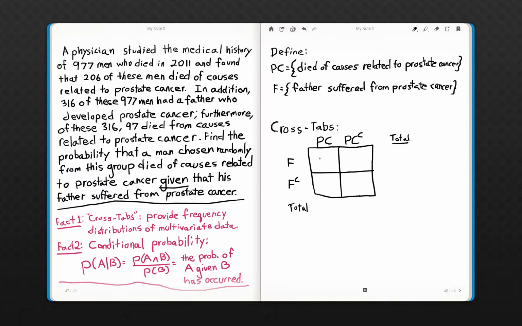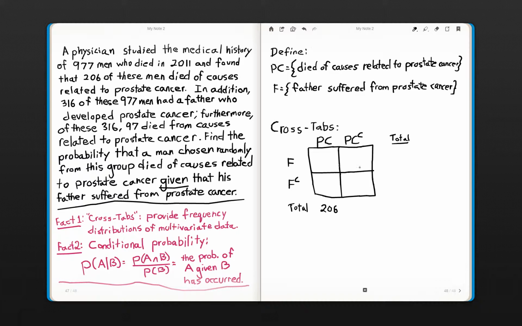Now, we don't know if their father had died of complications related to prostate cancer or not, so we can only really put the total right here, in the hopes that we can figure out what goes in these cells in a moment. Okay, so we have that much figured out. In addition, 316 of these 977 men had a father who developed prostate cancer.